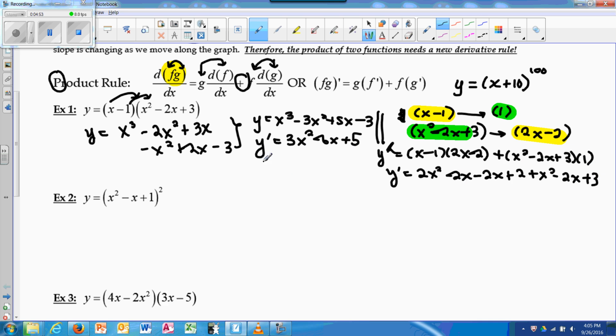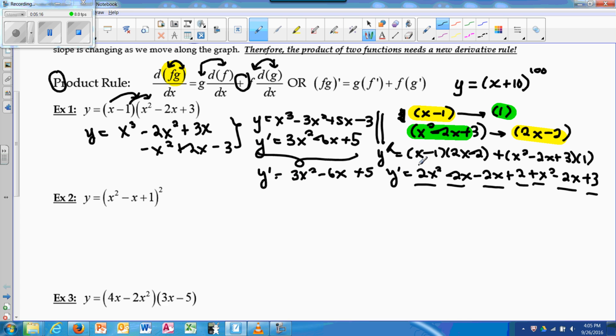So altogether, notice that we got the same derivative. Altogether, we have 3x squared, we have minus 2 minus another 2, so minus 6x, and the plus 2 and plus 3 makes plus 5.